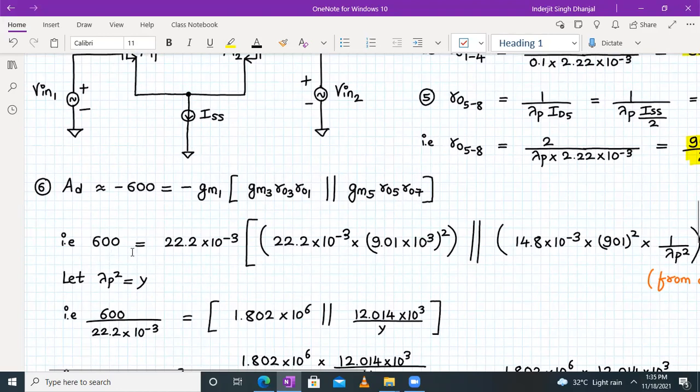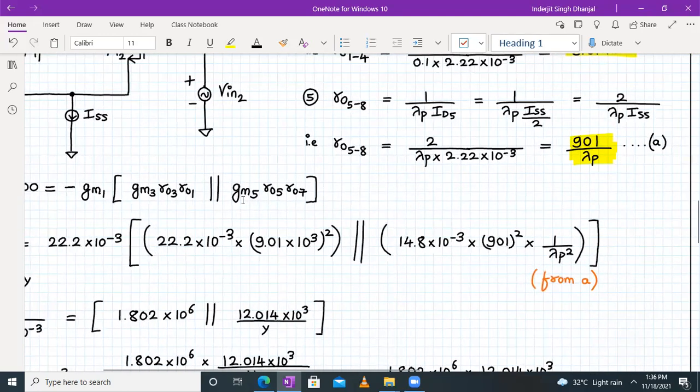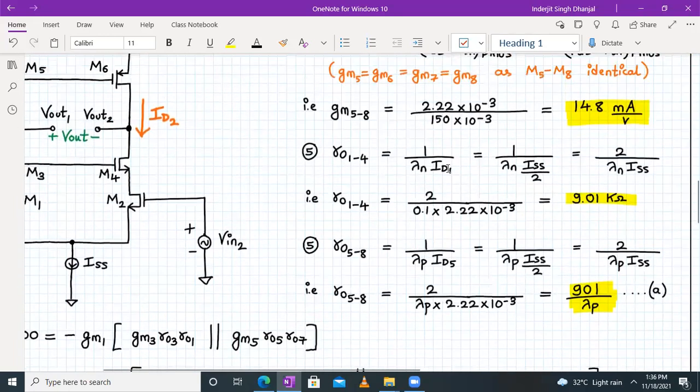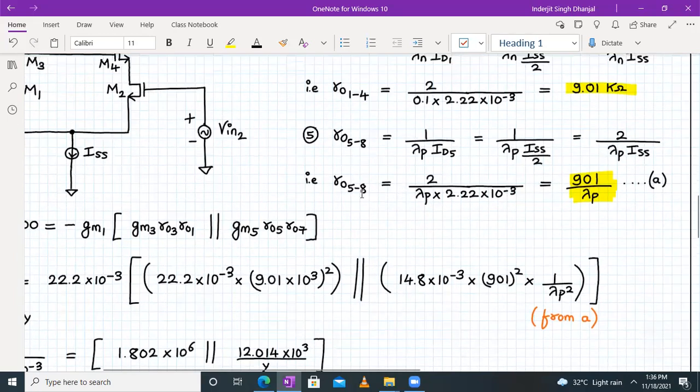So 600 is equal to GM1 is 22.2 milli, then GM3 is also 22.2, RO3 and RO1 is 9.01 K. Now they are multiplying, so that's why square, parallel to GM5 is 14.8 milli into RO5 and RO7. So RO5 and RO7 are same, right? So it will be 901 the whole square into 1 upon lambda p the whole square. So this we are getting from here. We substitute this as it is.